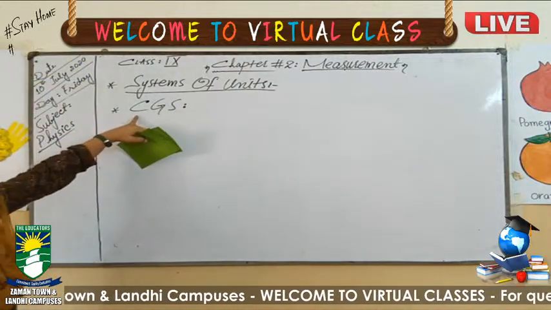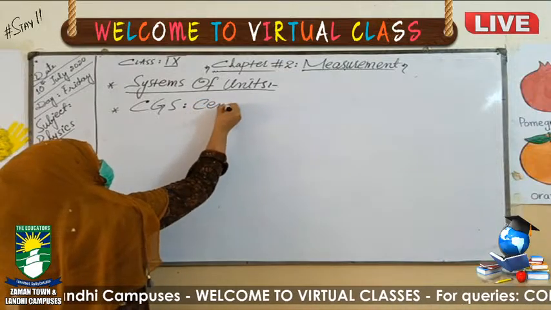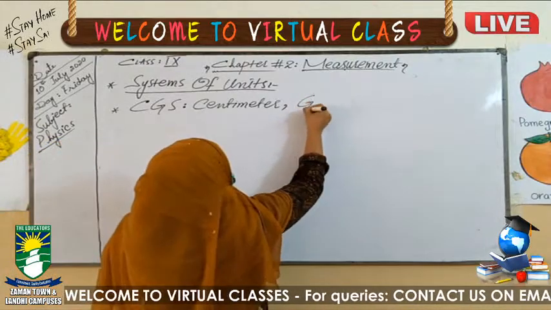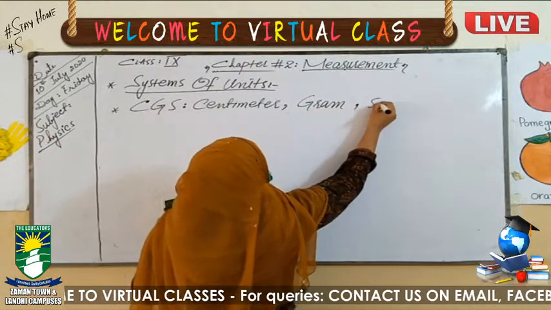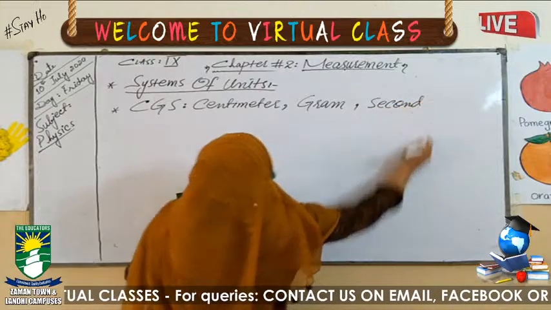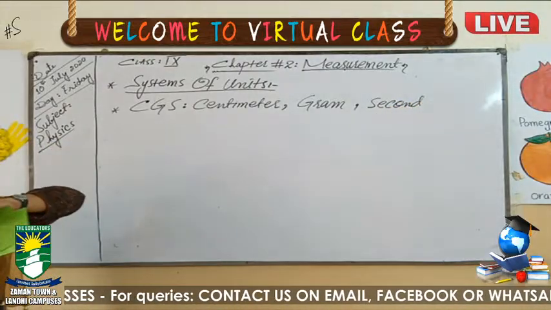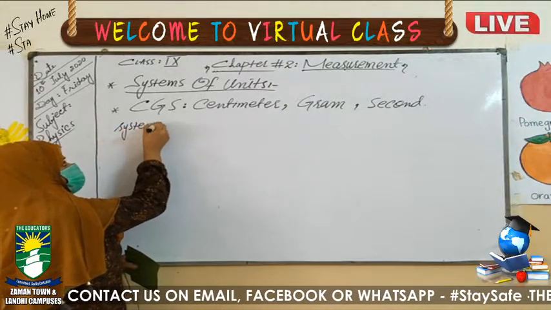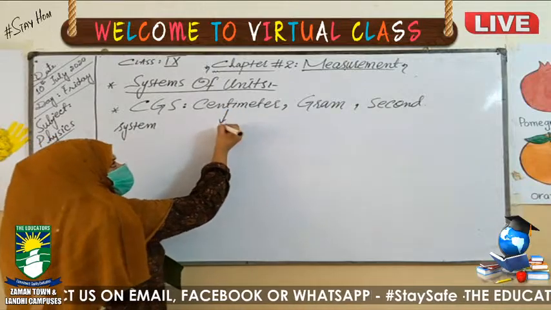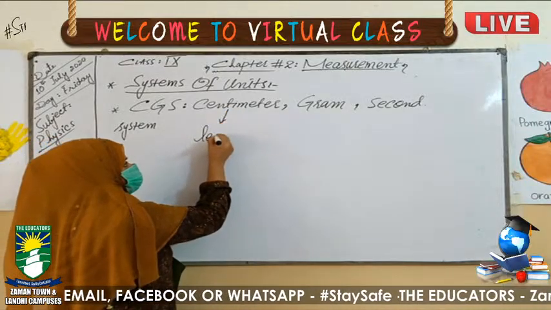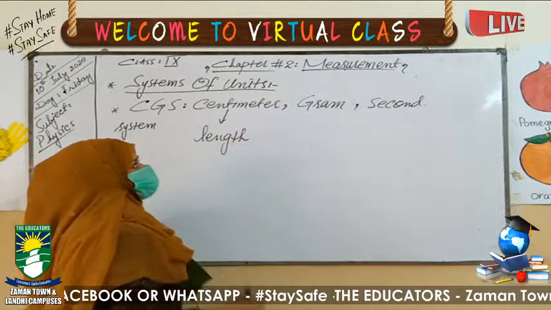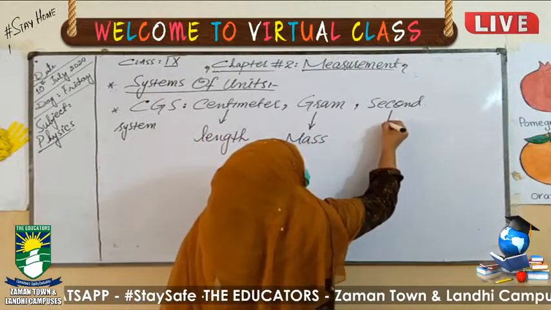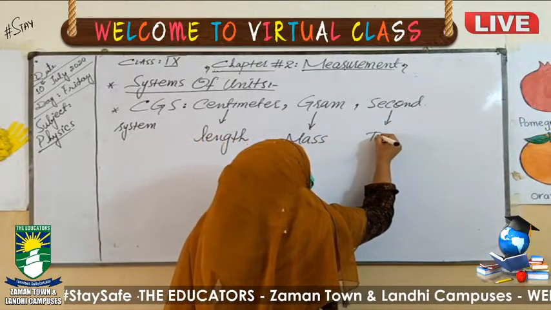CGS basically stands for centimeter, gram and second. According to the CGS system, the centimeter is the basic unit of length, gram is the basic unit of mass and second is the basic unit of time.